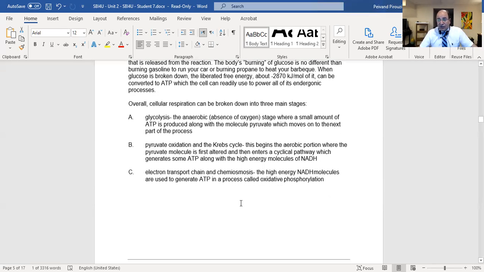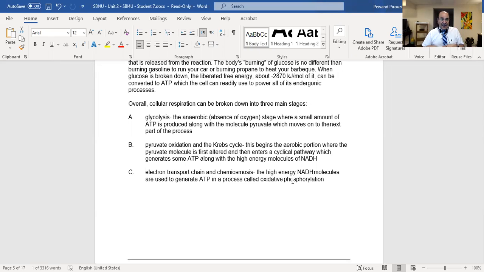Then electron transport chain and chemiosmosis: the high energy NADH molecules are used to generate ATP in a process called oxidative phosphorylation. What happens here is that when we have a cascade of those changes of different molecules, the glucose is going to give you at the end a compound.